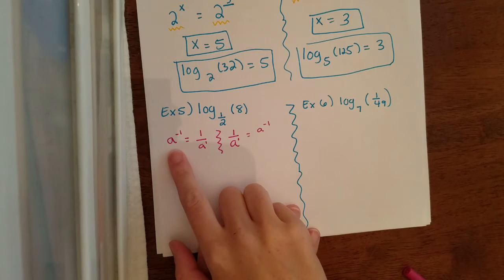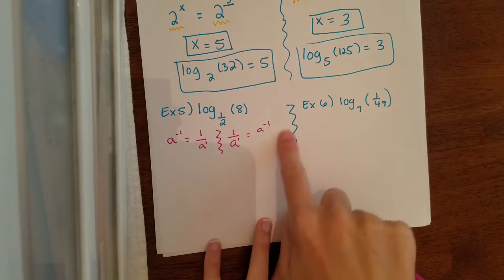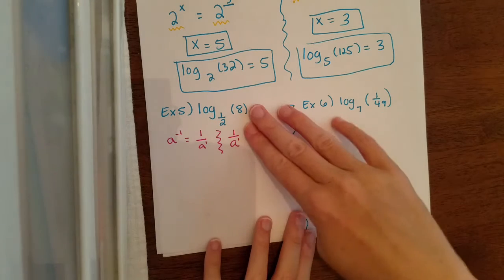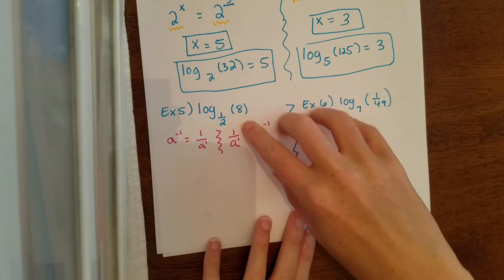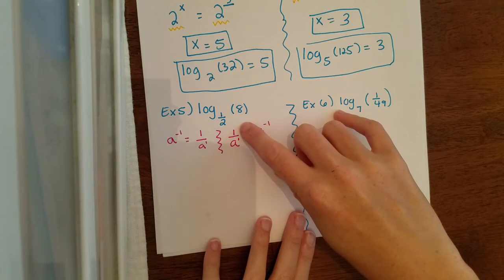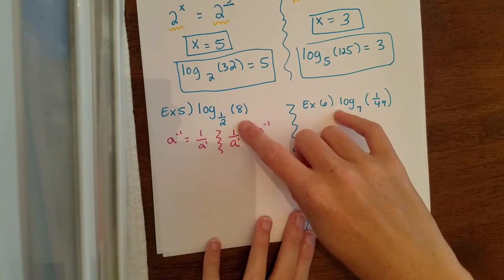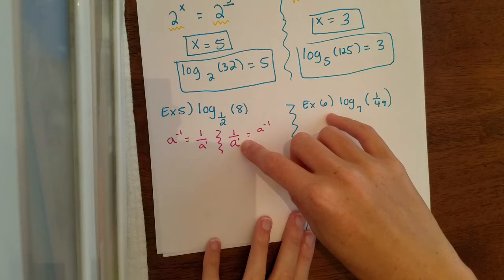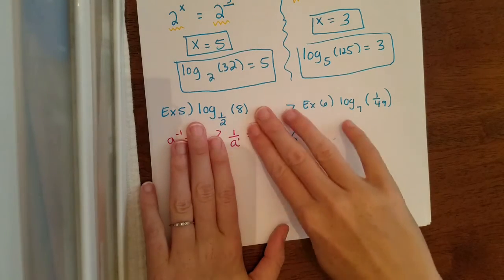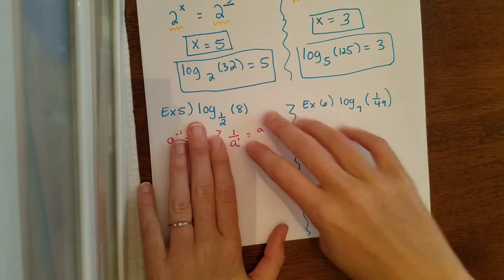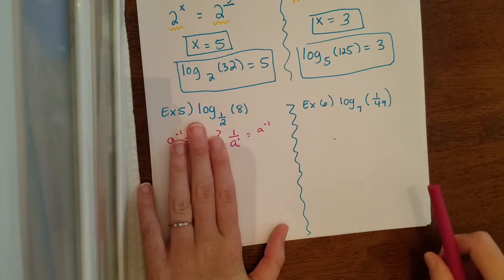Okay, if we see a fraction, so let's start on this side. If you ever want to move a number either from the denominator to the numerator or the numerator to the denominator, all you have to do is change the sign of your exponent. So if you look on this side, we have 1 divided by a to the positive first power.